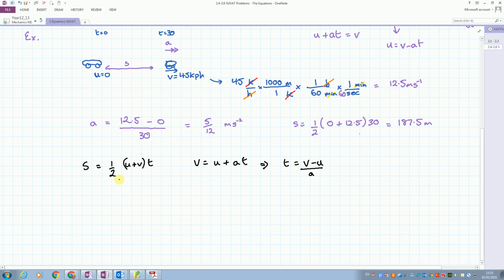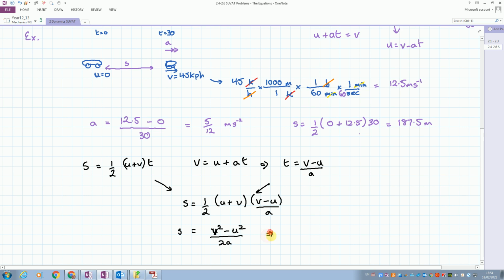So if we substitute it into the equation, s equals 1/2 (u plus v) times (v minus u) divided by a. Notice at the top is a difference of two squares, so we get v squared minus u squared over 2a is equal to s.